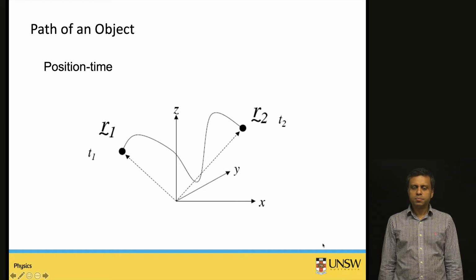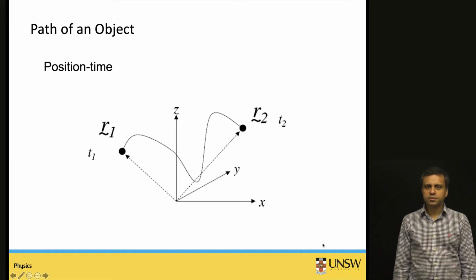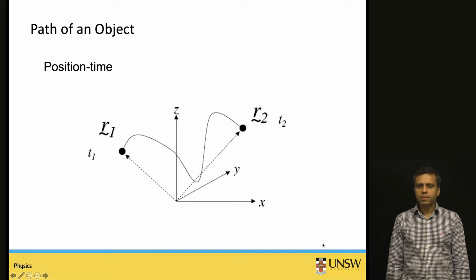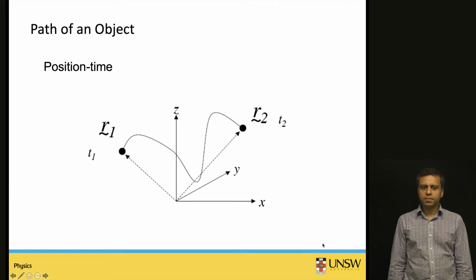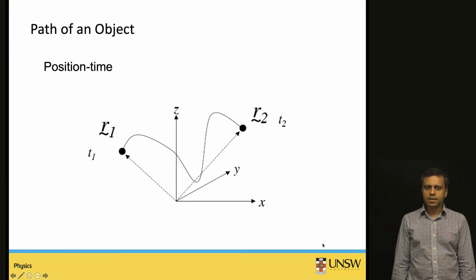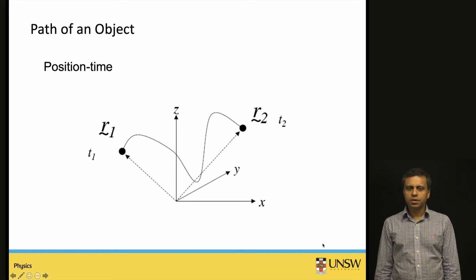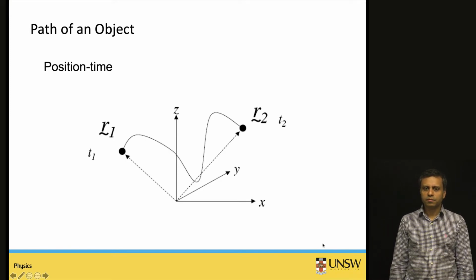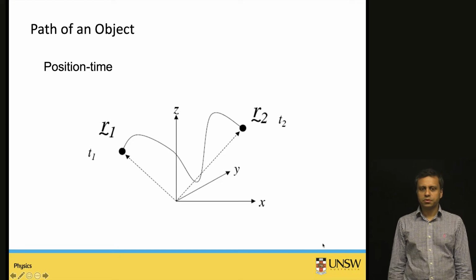Now, it's important to trace out the path of an object, and to describe such paths, we use the position-time graph. For example, at a time instant t1, an object can be at position r1, and at some other time in the future, at t2, the particle could have moved to another position r2.